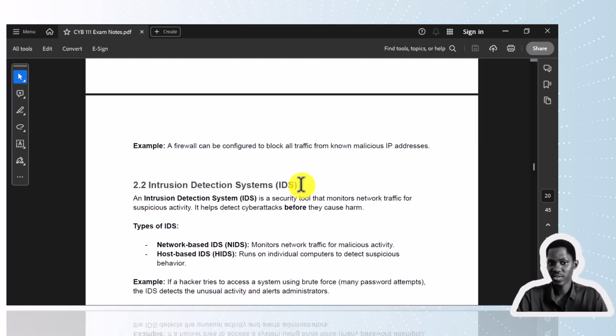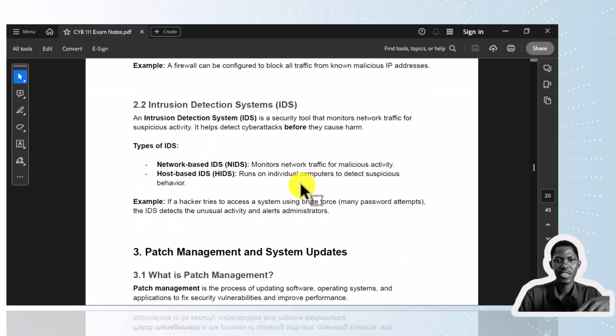It works with the whole network. Host-based IDS run on individual computers to detect suspicious behavior. So host-based is an individual computer, a particular device. Network-based is a whole network.